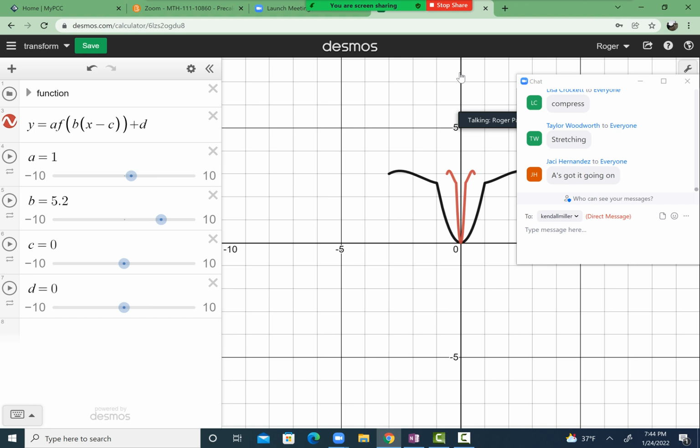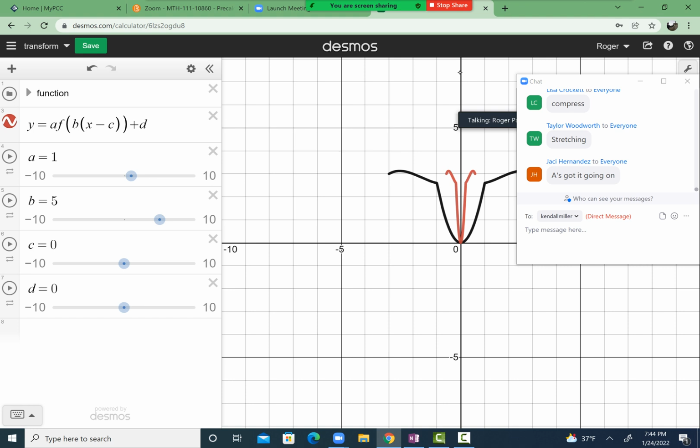Now what's crazy about this, and for those of you who are going to take 112, you're going to see this a lot more in 112 when you start graphing trig functions. This B right now is 5. So you would think, wouldn't that be stretching it out 5? So wouldn't it be 5 times wider? It doesn't work that way.